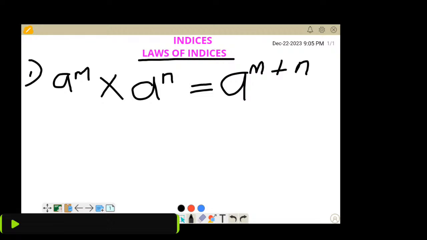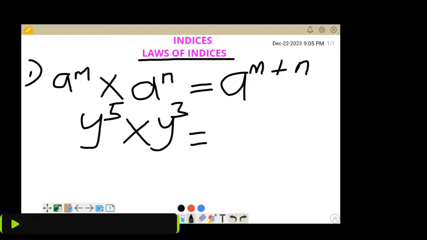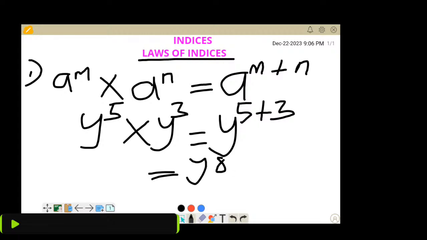For instance, let's say we have to resolve y raised to power 5 multiplied by y raised to power 3. What this law is saying is that we can simply get the solution by saying y raised to power 5 plus 3, and that gives us y raised to power 8. That's the essence of this law.